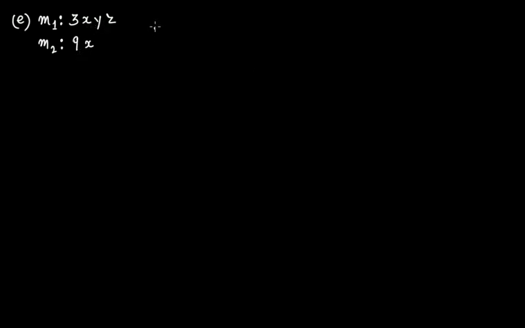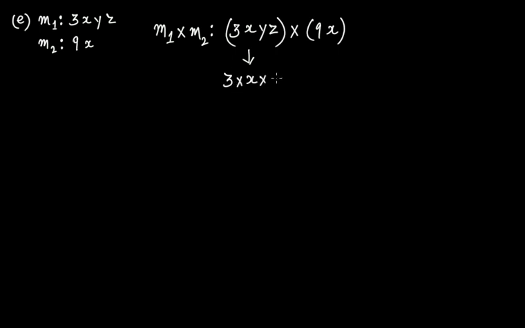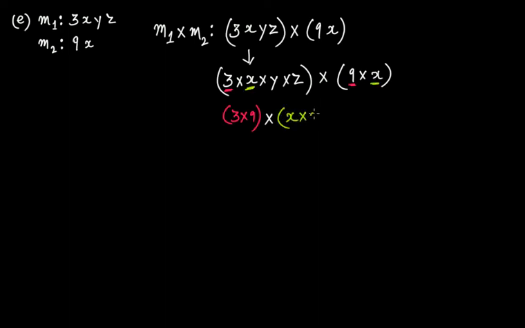3xyz and 9x. So m1 multiplied by m2 is actually equal to 3xyz multiplied by 9x. So this is 3 multiplied by x multiplied by y multiplied by z, and this is multiplied by 9 multiplied by x. This 3 and this 9, 3 multiplied by 9, then this x and this x, so x multiplied by x, and then you are left with y and z.